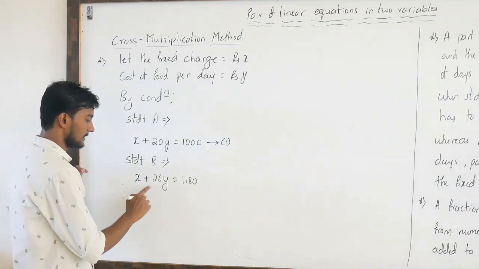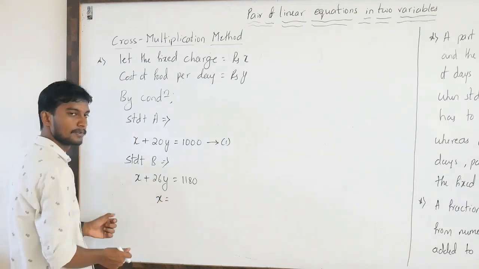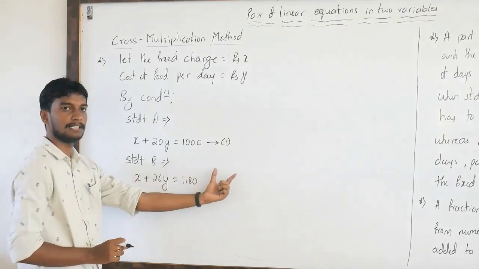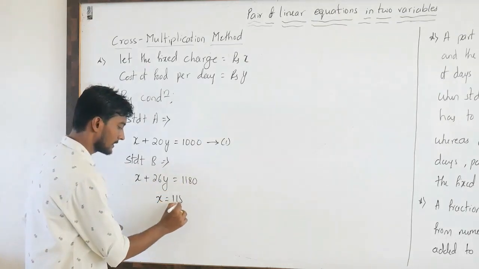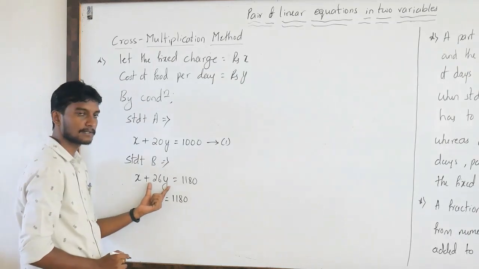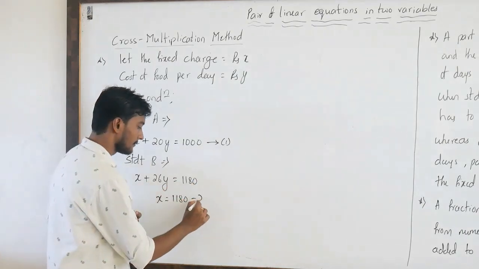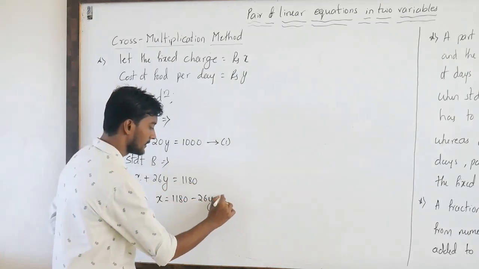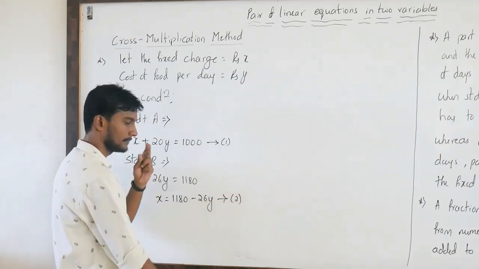Now x is equal to 1180 minus 26y, taking 26y to the other side. Take this as equation number 2.